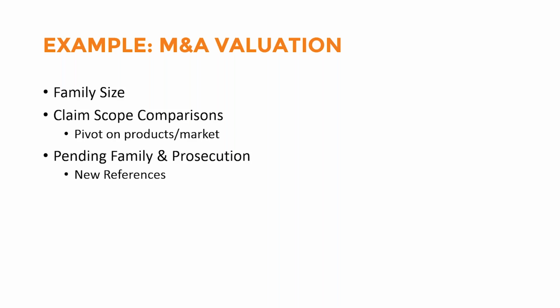I also look at cost savings, because if there are patent filings in marketplaces that I don't think my client will ever be in, I'll make recommendations that you can save money immediately by not pursuing patent work in those marketplaces. I also look at where they're stuck or stale in their prosecution. So I look at RCEs, I look at how many amendments they're getting through, how efficient their counsel was in getting something through the patent office.